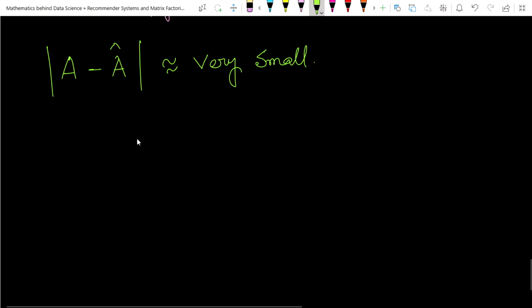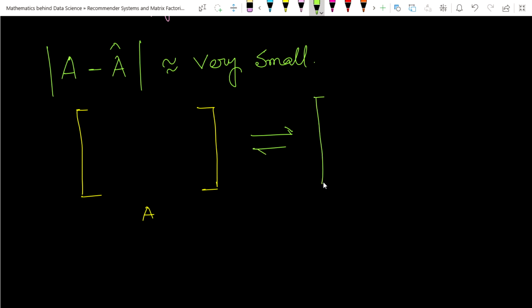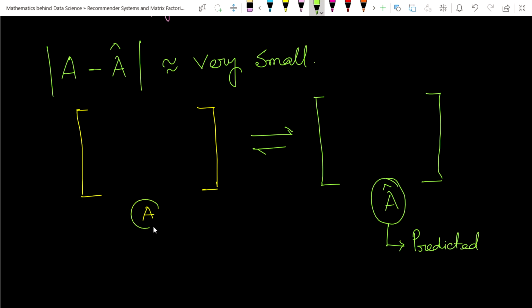Now I have to compare these things side by side. Let's see how to give the output. This is our original matrix A. Now we have to compare it to the matrix A hat. Let the green one be A hat, the predicted matrix, and this is the original one.